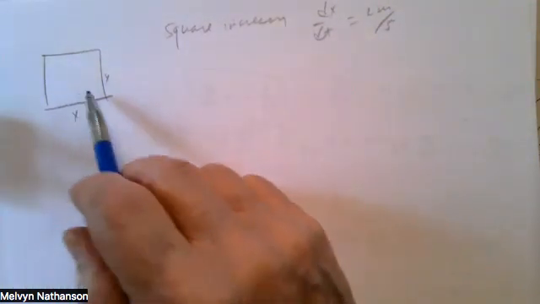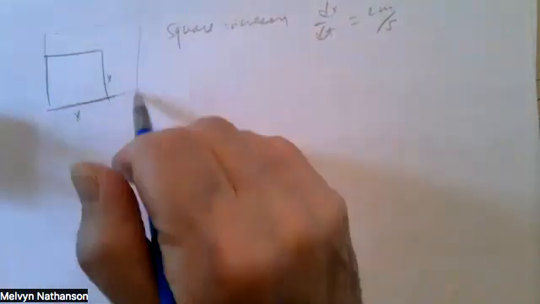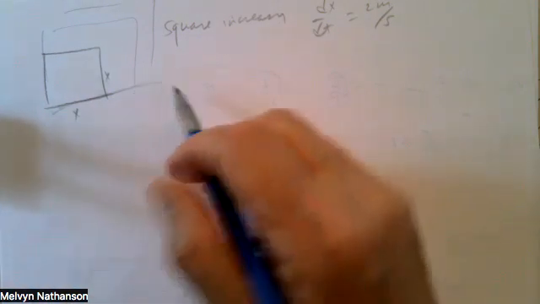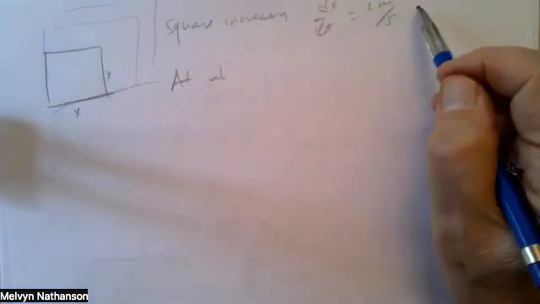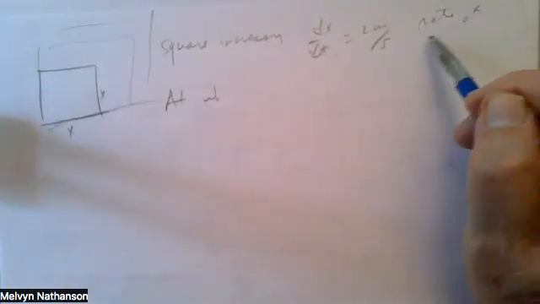So every second, the square gets bigger and bigger and bigger. And as the square increases, the area increases. So this is the rate of increase of the side of the square.